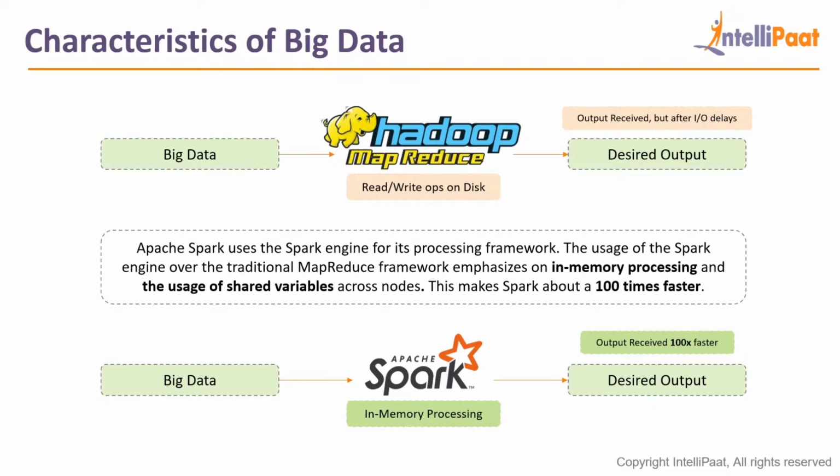For lower sized data sets, the difference is not that noticeable, but for higher sized data sets, you can definitely see the difference between the performance of Apache Spark and Hadoop MapReduce. Apache Spark does this by using in-memory processing and the usage of shared variables across nodes, something that MapReduce did not do.